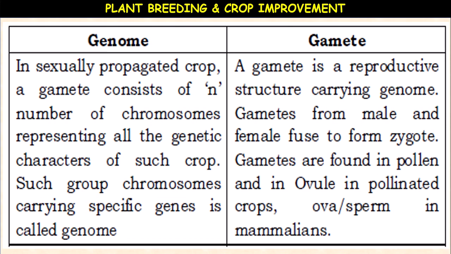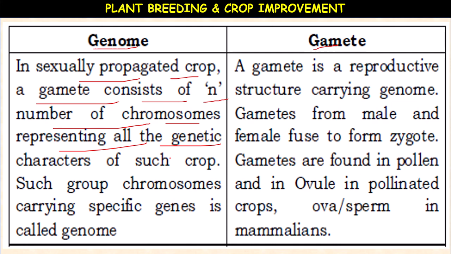So, let us know the difference between a genome and a gamete. What is genome? What is gamete? What is the difference between the genome and gamete? In a sexually propagated crop, a gamete consists of n number of chromosomes, the number of chromosomes represented with the letter n, representing all genetic characters of such crop.